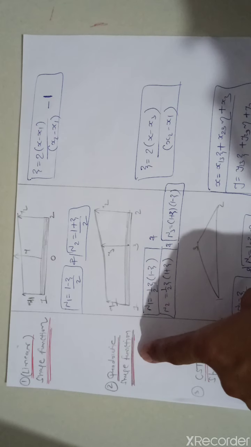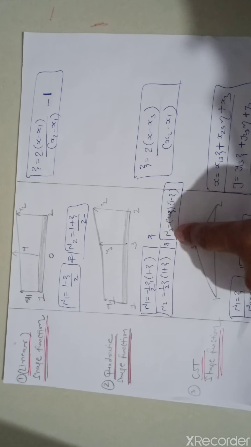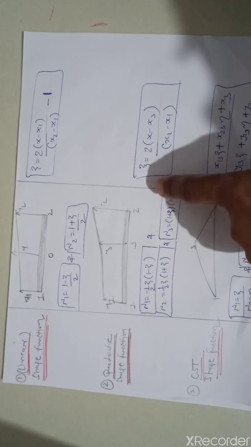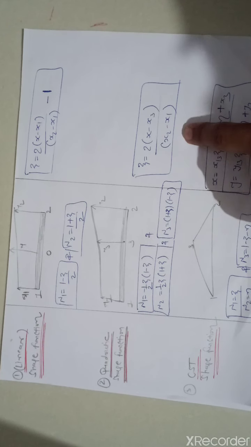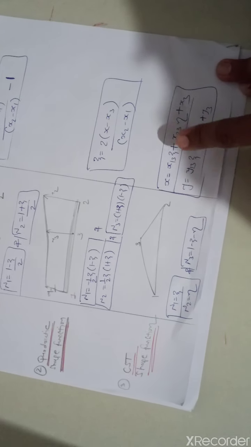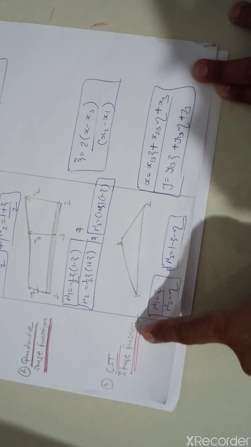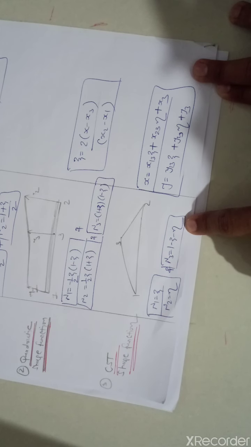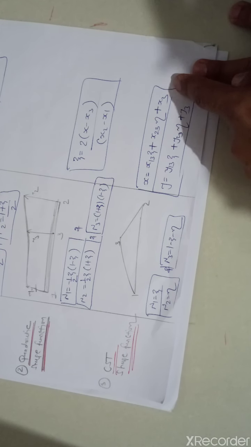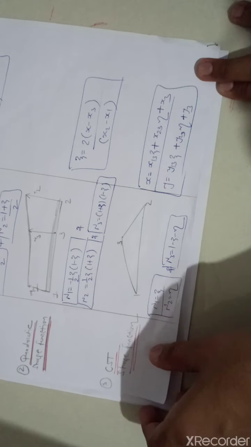Similarly, the quadratic shape function is given by these 3 equations, and the relationship between local and natural coordinate system is given by this equation. Now for the CST element, the shape function is given by these 3 equations, and the relationship between local and natural coordinate system is given by these 2 equations.